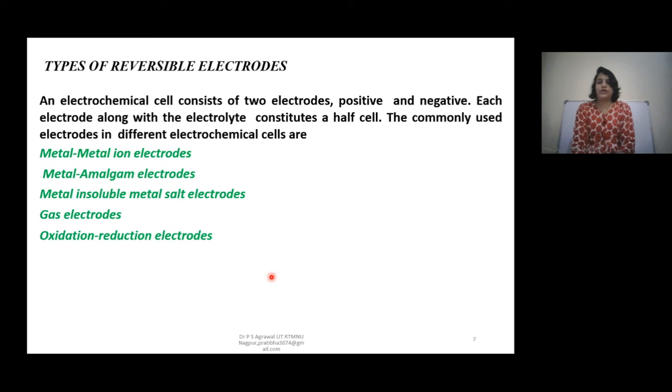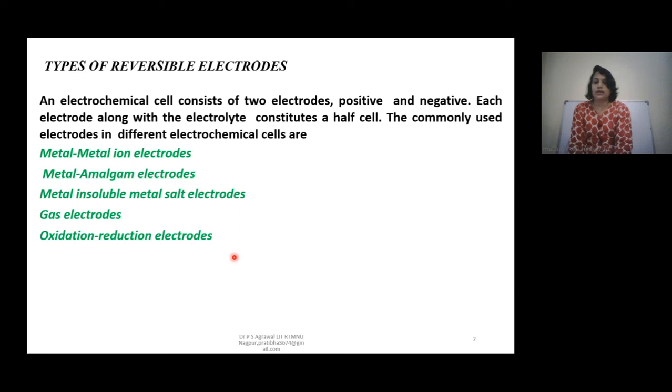If the opposing EMF is infinitesimally smaller than the cell's, an extremely small current is given by the cell and a correspondingly small amount of chemical reaction takes place. If the opposing EMF is greater than that of the cell, then a small current flows through the cell in the opposite direction and a small chemical reaction also takes place in the reverse direction.